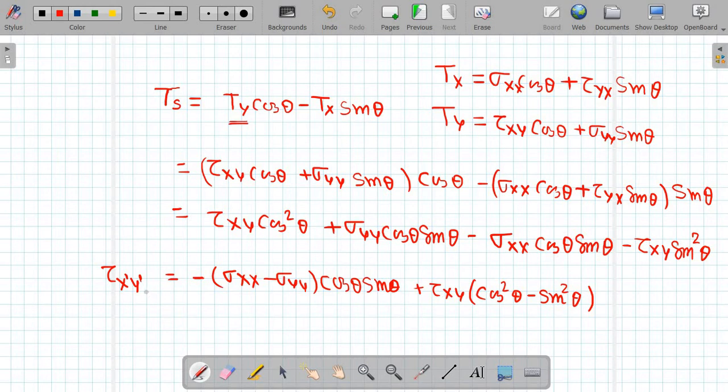Okay, so again this is cos theta sin theta. You all know that 2 sin theta cos theta is equal to sin 2 theta. Similarly, cos square theta minus sin square theta is cos 2 theta. So, after rearranging this, the expression becomes sigma xx minus sigma yy by 2 times sin 2 theta plus shear xy cos 2 theta.